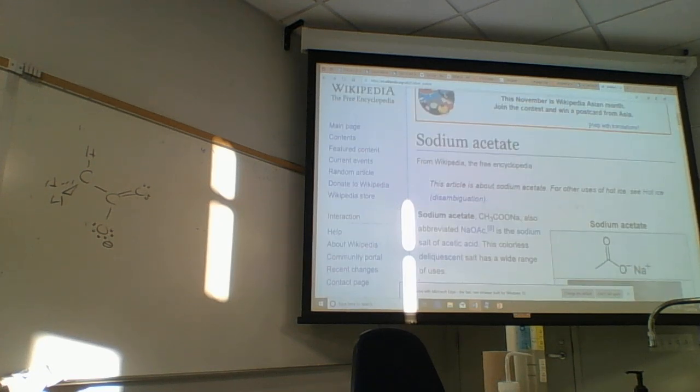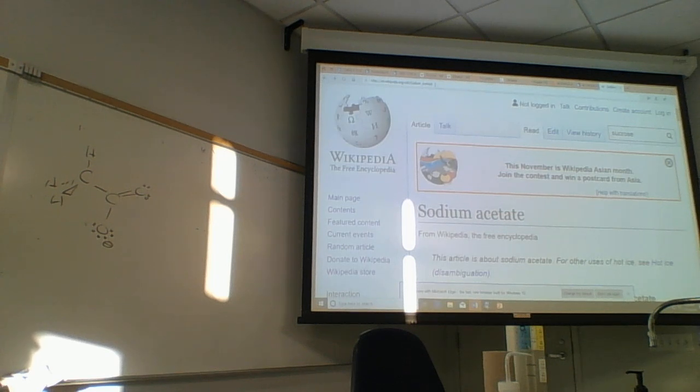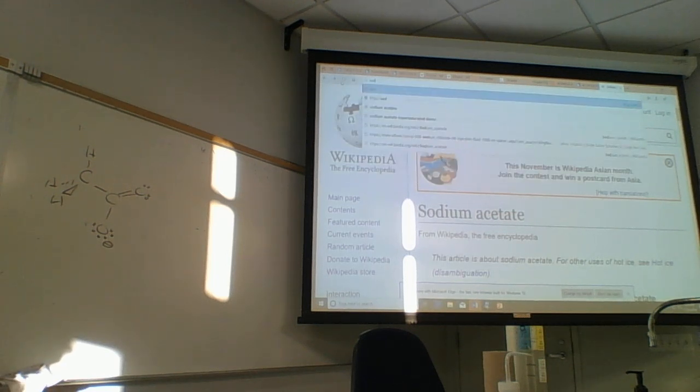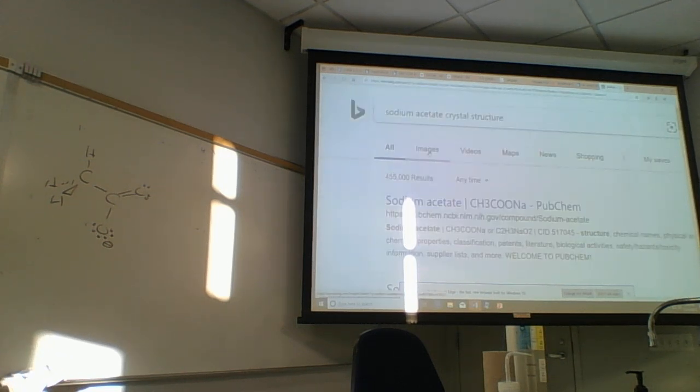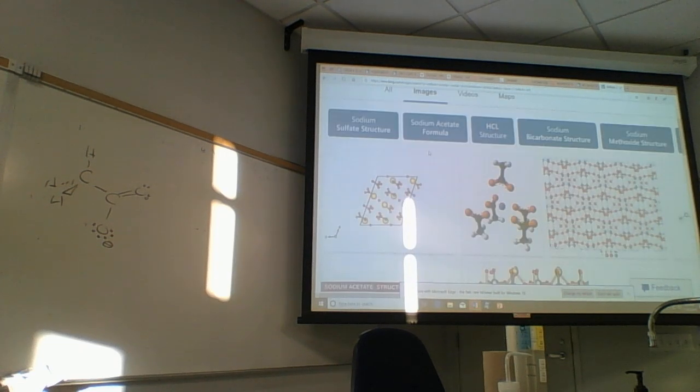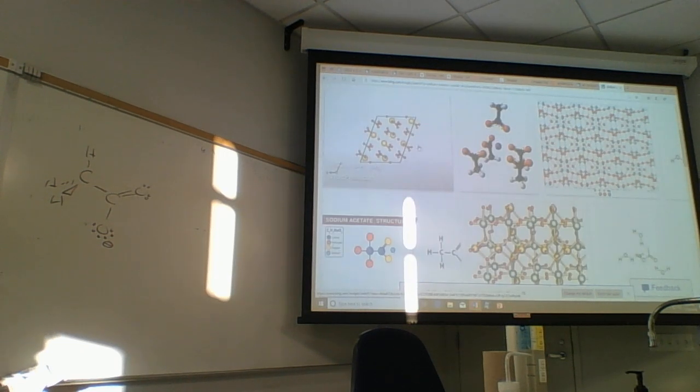When we look at sodium acetate, this is the acetate ion shape here, and we call it the sodium acetate crystal structure. You look at sodium acetate, and the acetates have to line up just right.